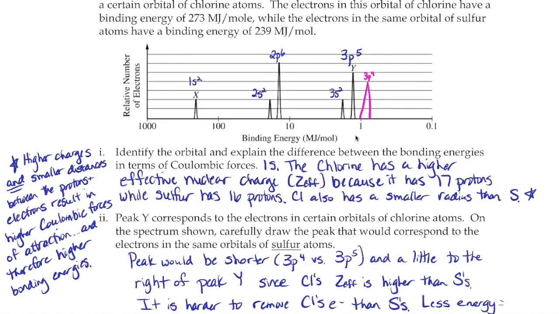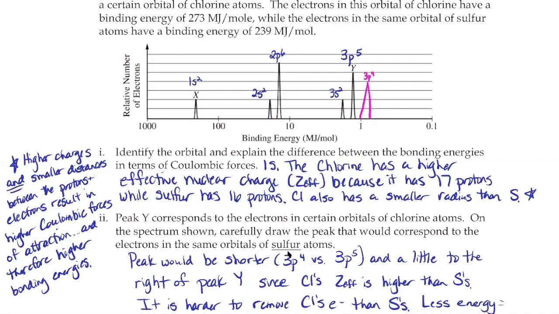If there's lots of charges, or if the radius is small, because you're dividing by a smaller number, your answer is going to be larger. So if you have higher charges or smaller distances, those result in higher Coulombic forces of attraction and therefore higher bonding energies. So that's how we know that when you're really close to the nucleus, you're going to have that high bonding energy, right?